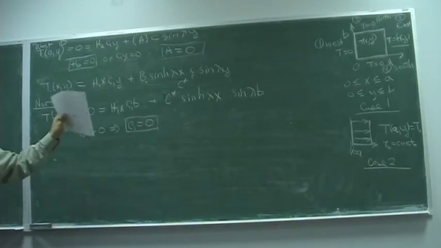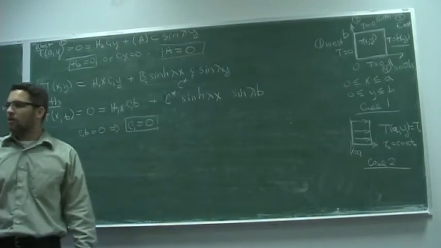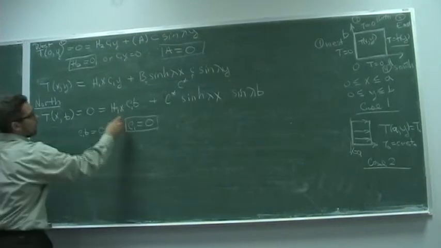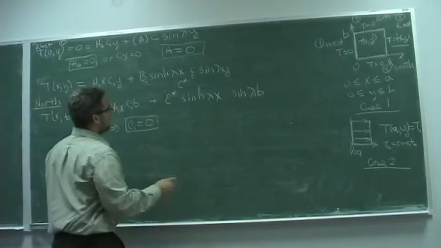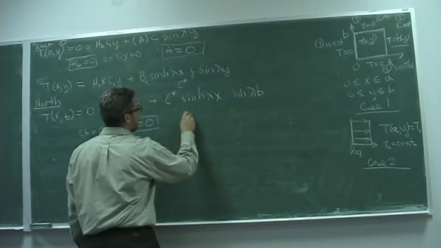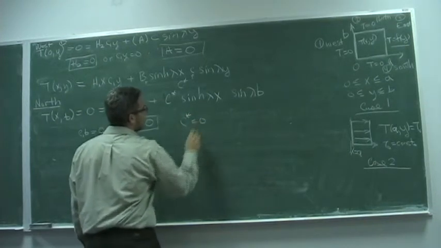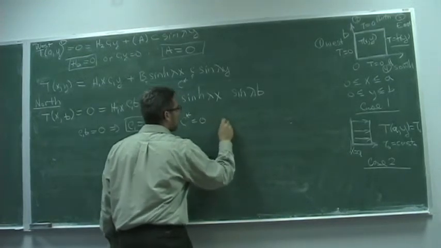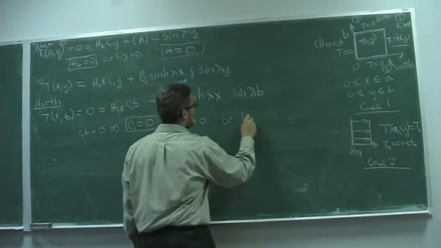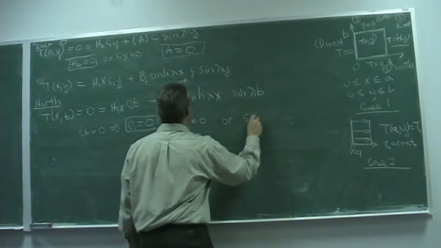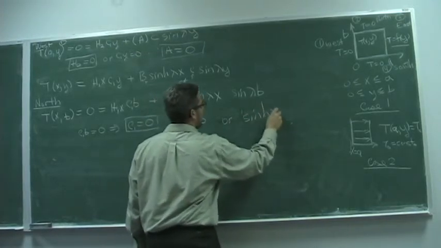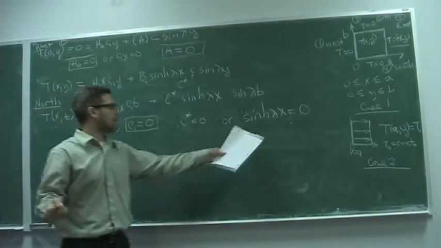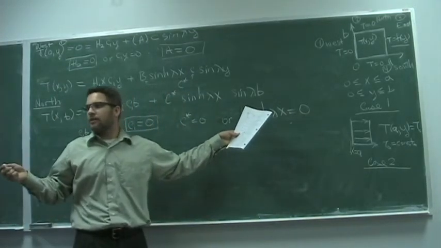So we don't have to worry about lambda being 0 being part of our solution here in this case, for this problem. So this term goes away. In this case, right, we've got either C star equals 0, or we have sine hyperbolic lambda x equals 0 for all time, which sine hyperbolic lambda x, it's not always 0, right?